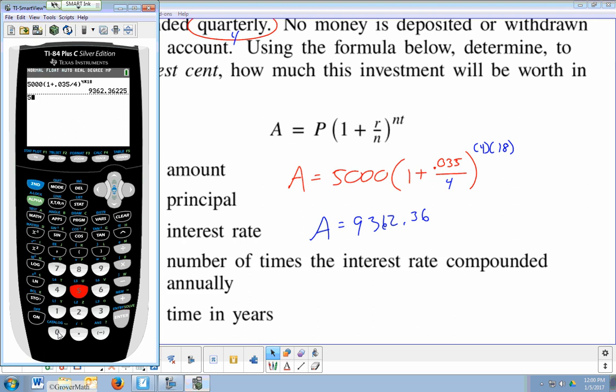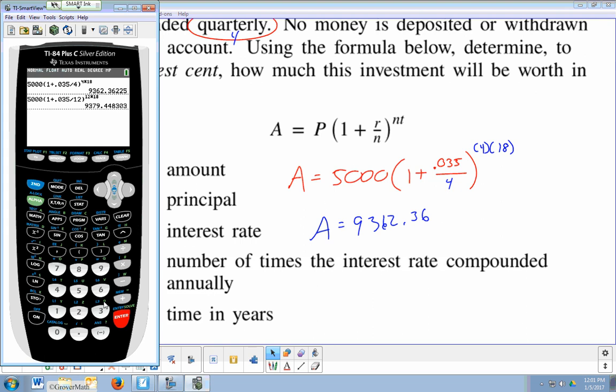What if we did 5,000 parentheses 1 plus 0.035, but this time divide by 12 and raise it to the 12 times 18, and see what the difference is. And we see that it did go up, 9,379 instead of 9,362. So it's not going up drastically, but it is going up.